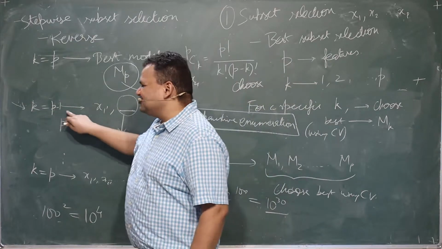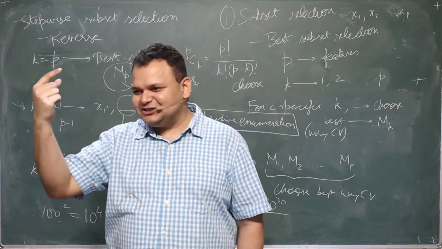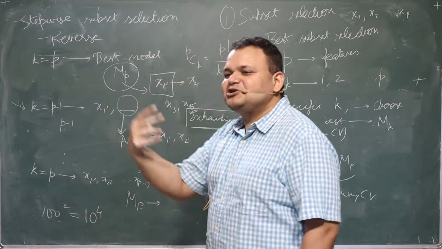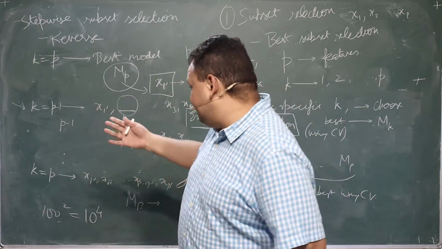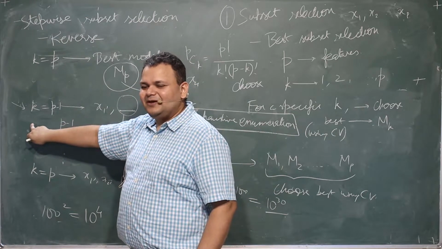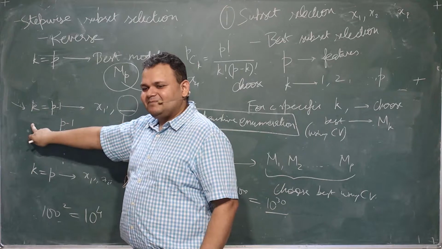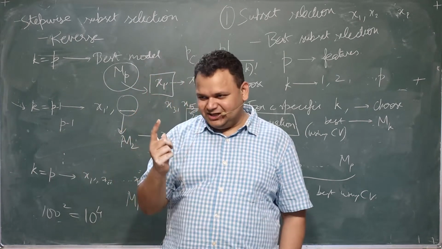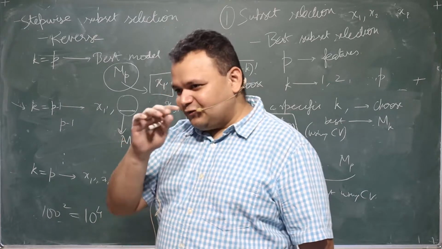या फिर वैसे भी सोचें तो we can drop the first feature or the second feature or the third feature, so we have p possibilities of dropping features. So this will give me p models, no Vishesh? Or p minus 1? We are dropping one feature out of the p features.